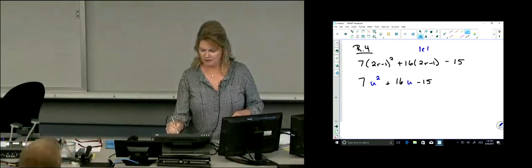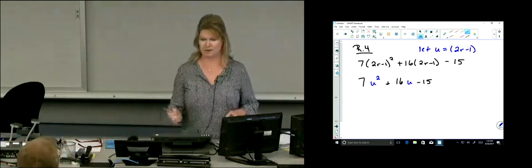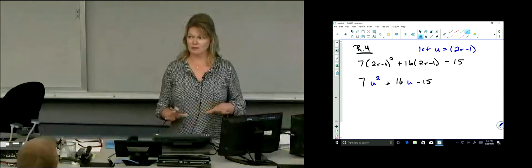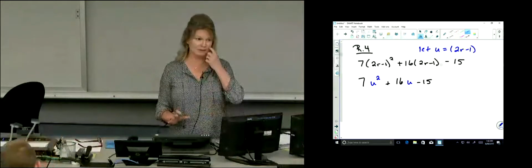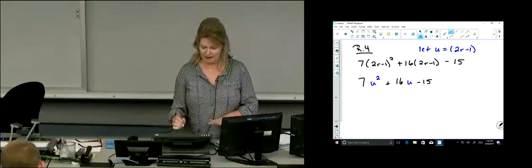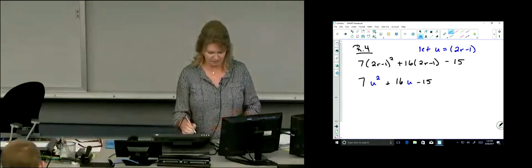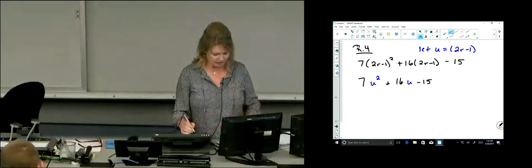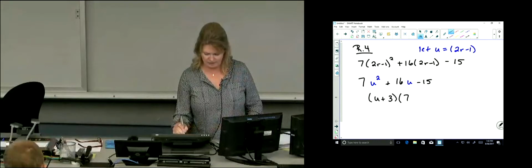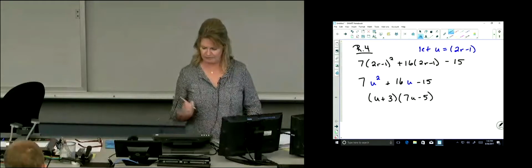So what we're doing here is we're letting U represent 2r minus 1. Then that looks much more doable, less intimidating. And then you're going to need to just factor that. And just for time, I'm going to tell you that I factored this. When I factored it, I got U plus 3 times 7U minus 5.